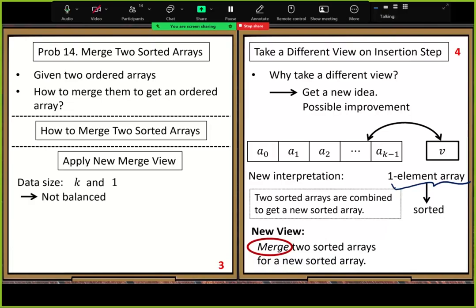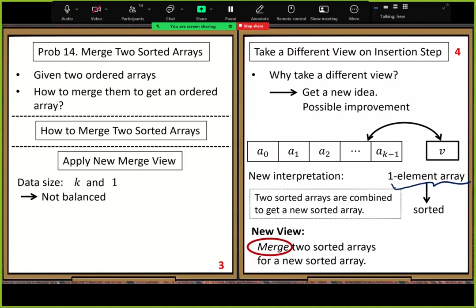If you look at the insertion step, the data sizes are k and 1, and the data distribution is not balanced. K and 1, not balanced. Balanced here means the data sizes of these two subarrays are very close.